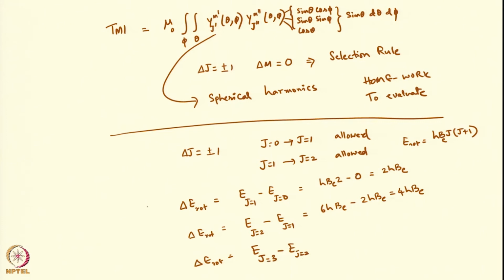This is from 0 to 1, this is from 1 to 2 and this is from 2 to 3. So, when you have 3, this will be 3 plus 1 is 4, 4 into 3 is 12. So, this will be 12 h B minus, when j is equal to 2 it is 6 h B. So, this will be nothing but 6 h B.